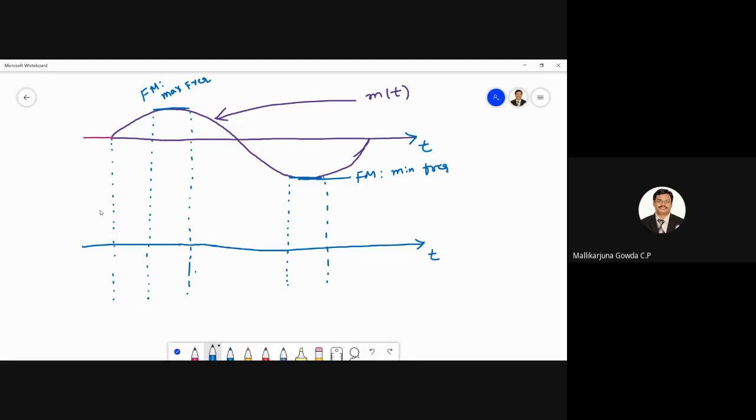And we can draw a line to show the envelope, so it is constant. When compared to amplitude modulation, where the information resides in the envelope of the modulated signal, here the envelope, meaning the carrier amplitude, is constant.